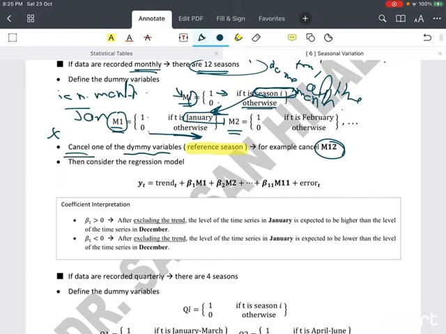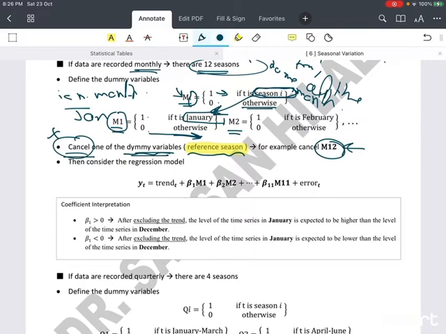I will delete the season I want to delete, another person will delete the season they need, or the exercise will delete a season for me. So cancelling the reference season depends on the question, or on whichever season I want to delete. When the question does not specify, I delete from my side, another person deletes a different season. So cancelling a dummy variable depends; I choose which one I want to delete.